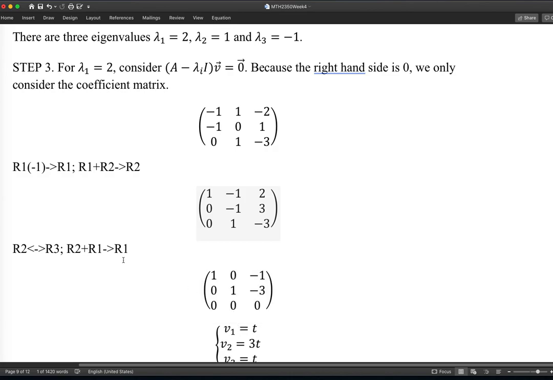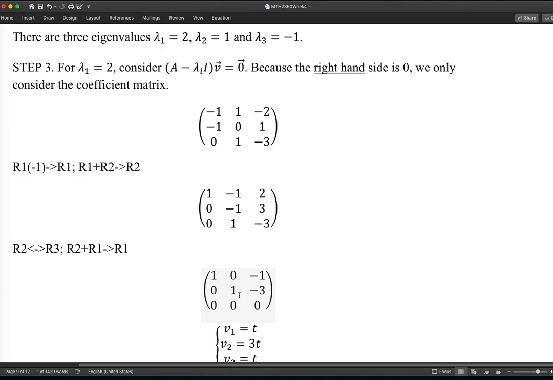And the last thing I did here is, I add this row 2 back to this row 1. So this is really the so-called row reduced echelon form.